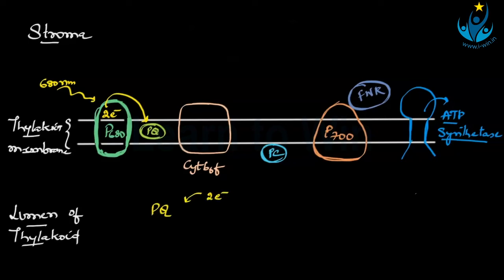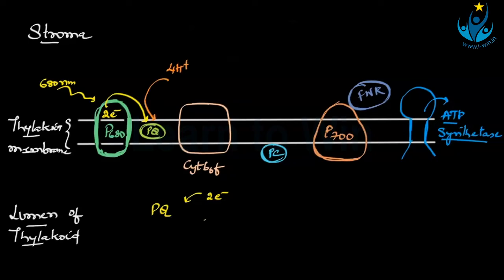Now plastoquinone, when it is reducing electrons, will also receive protons. Where will it receive the protons from? The protons it will be receiving from the stroma. How many? For every 1 electron, it takes 2 protons. So here, because you have 2 electrons, it will take 4 protons.